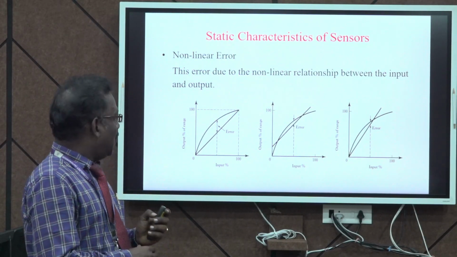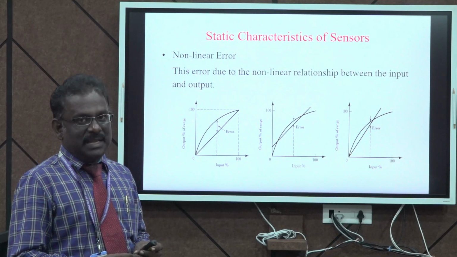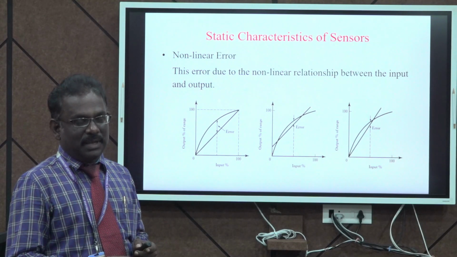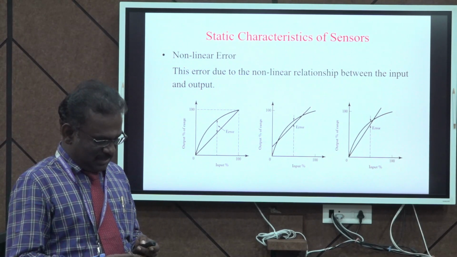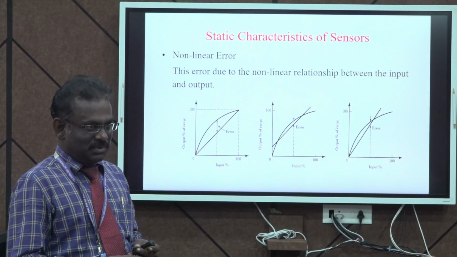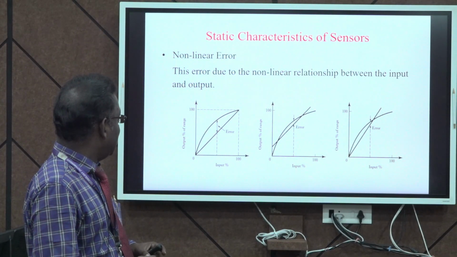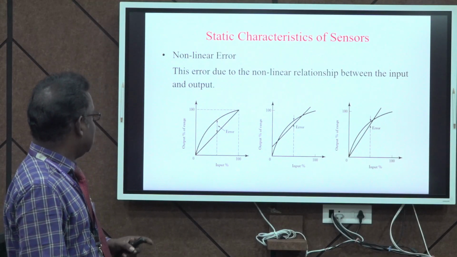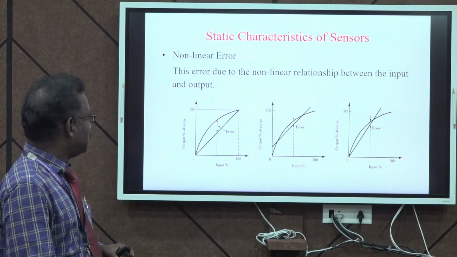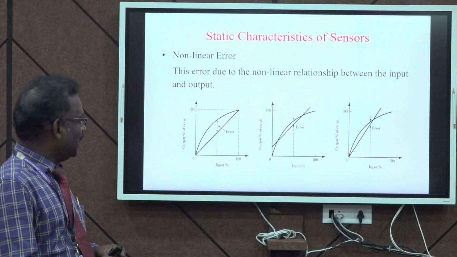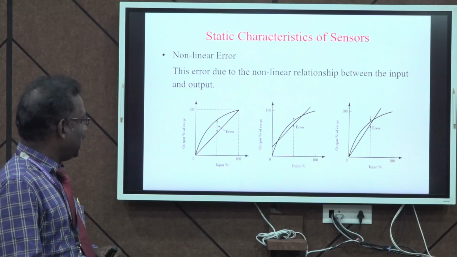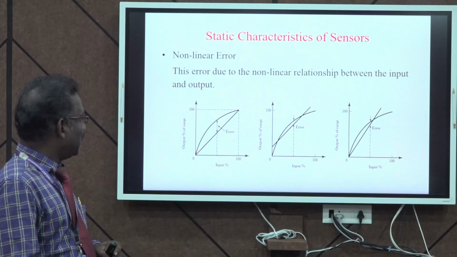Non-linear error. Always there should be a linear relationship between the input and the output variable of the sensor, but due to non-ideal characteristics we will get this non-linear error. Non-linear error is nothing but the error due to the non-linear relationship between the input and output, and in this slide I have shown three types of non-linearity error.